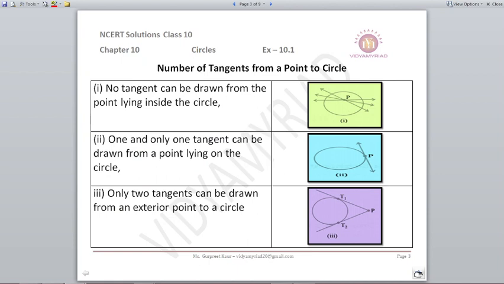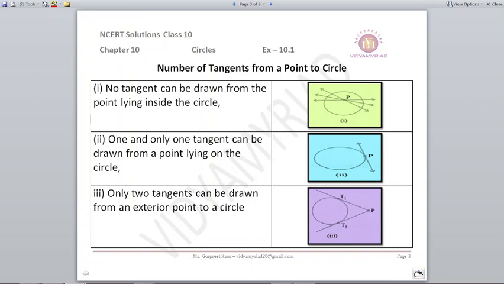Now, how many tangents can you draw from a point to a circle? If there is a point inside the circle, then no tangent can be drawn. Only one tangent can be drawn from a point on a circle, and we can draw two tangents from an exterior point to a circle.